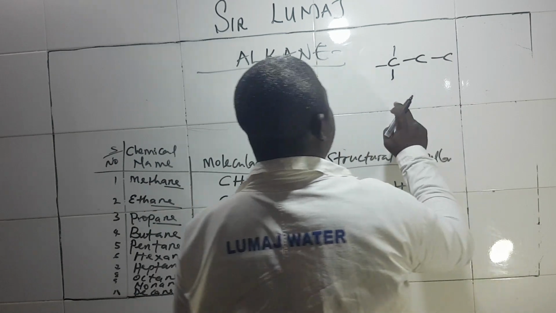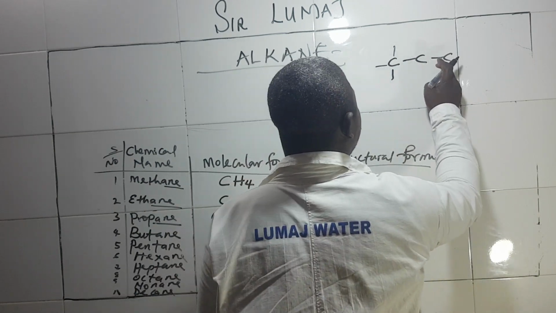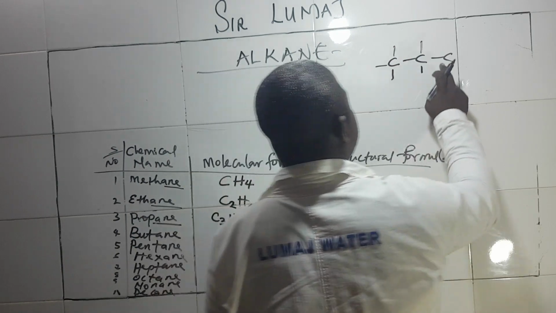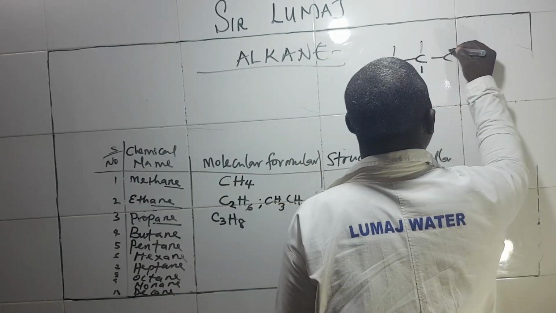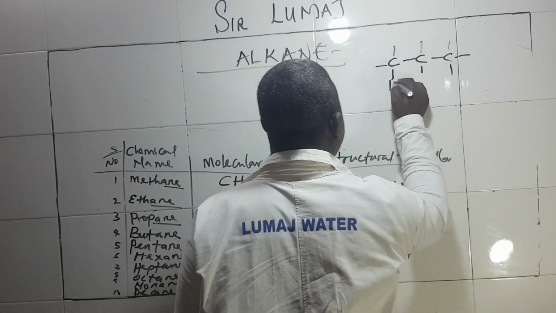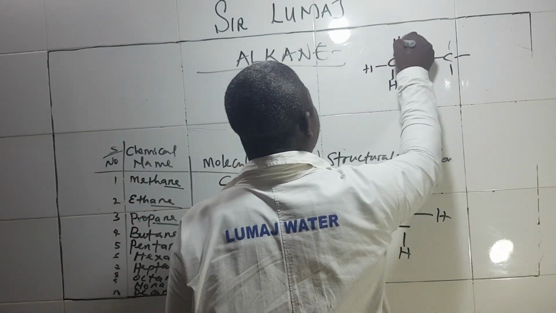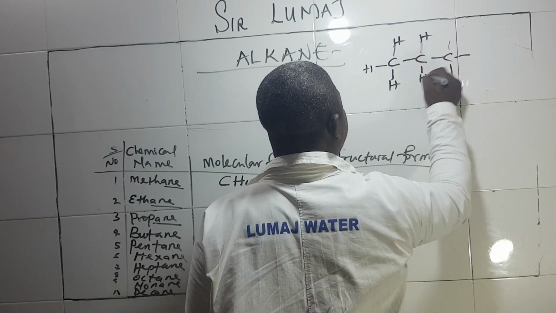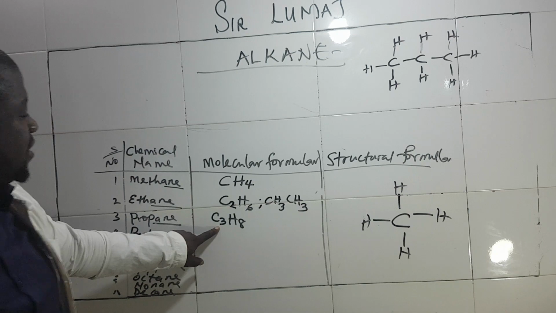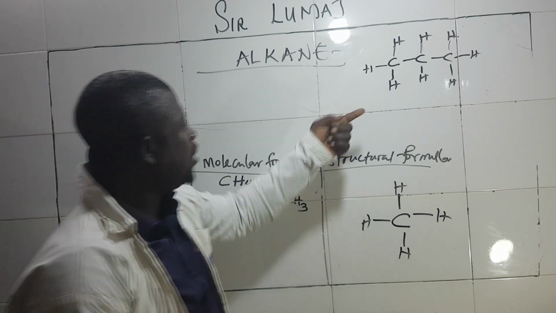Come to this carbon, 1, 2, 3, 4. Come to this one, 1, 2, 3, 4. Then introduce the hydrogen atoms: 1, 2, 3, 4, 5, 6, 7, 8. What do you have here? C3H8.